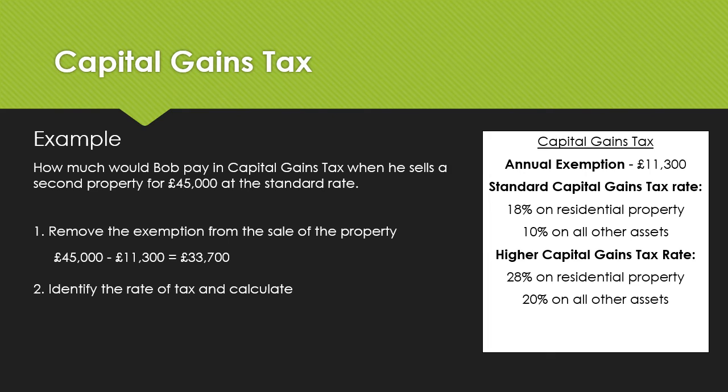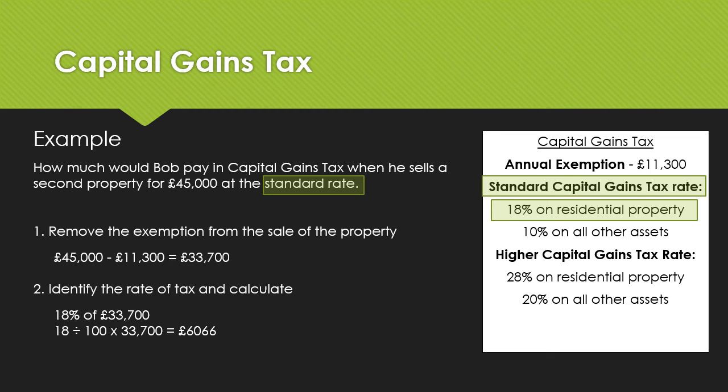We identify the rate of tax. It's standard rate capital gains tax, which means he has to pay 18% on residential property. So 18% of 33,700. If you remember, to change a percentage into something we can use in the calculator, we divide 18 by 100 and then multiply that by 33,700, which gives us £6,066 tax that he'll have to pay.